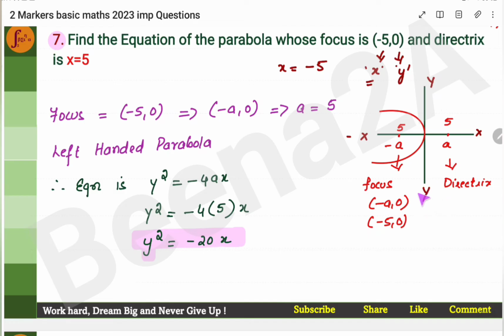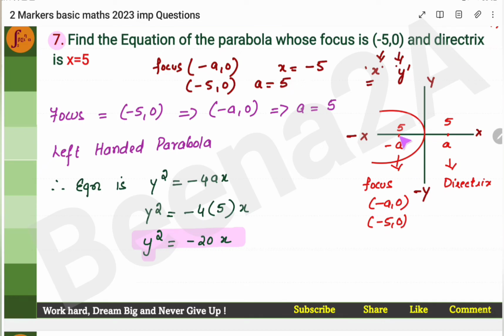Focus is in the form of minus a, 0, which means a is equal to 5.